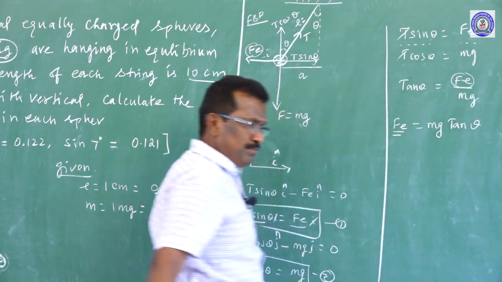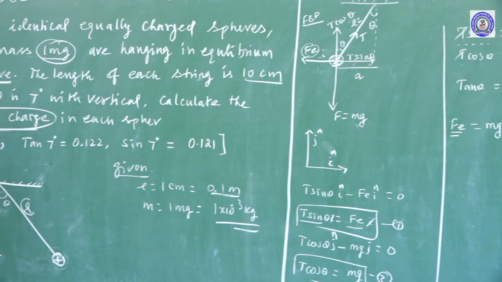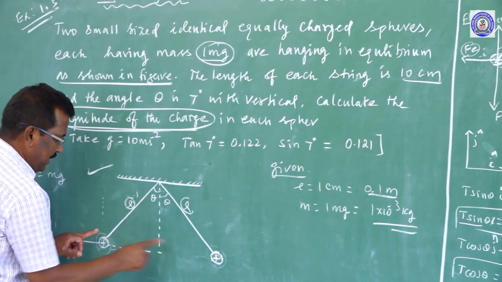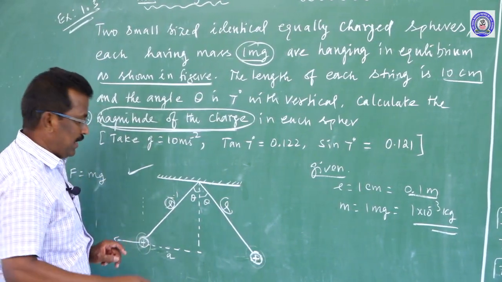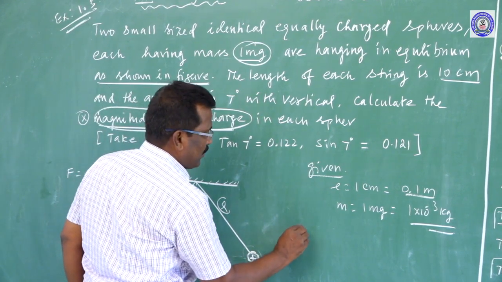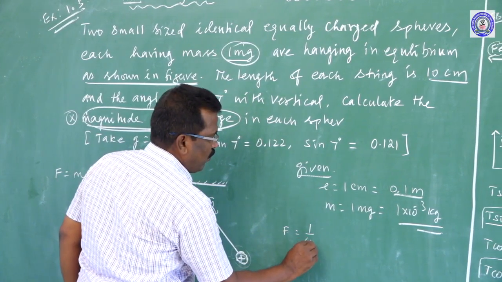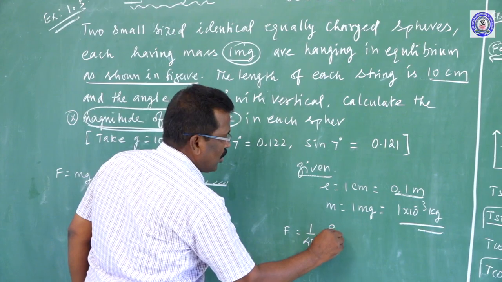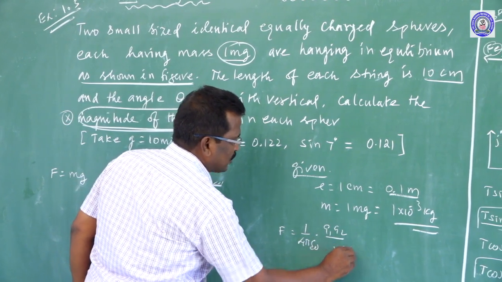What kind of force exists between these two spheres? Electrostatic force. We know that electrostatic force F is equal to 1 by 4 pi epsilon naught Q1 Q2 by R square.